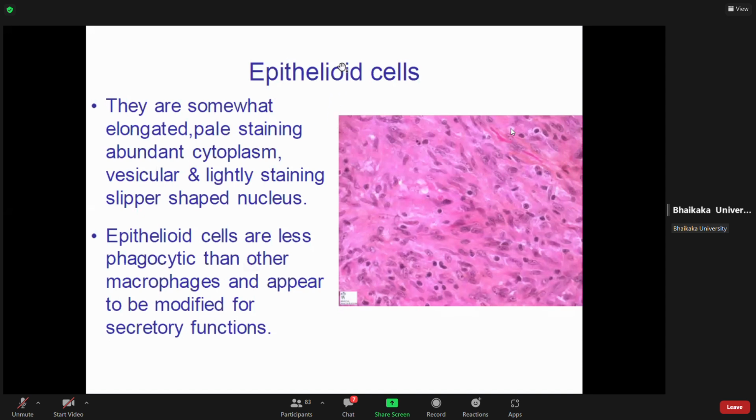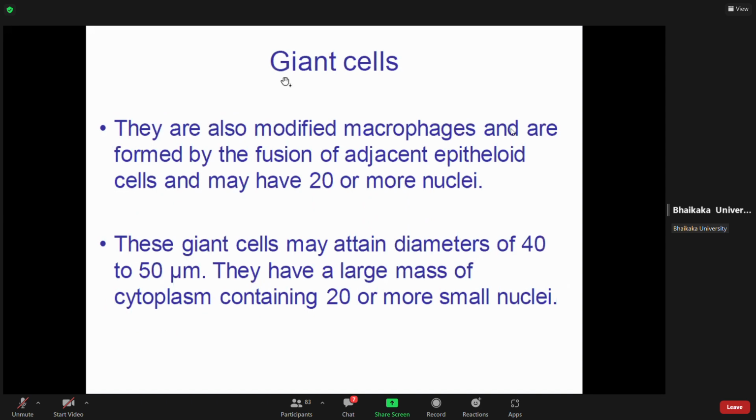The next cell after epithelioid macrophages, the important cells are giant cells. They are modified macrophages and are formed by the fusion of adjacent epithelioid cells, and the nuclei in these giant cells may be 20 or more.